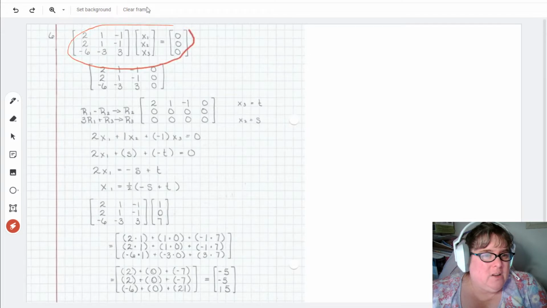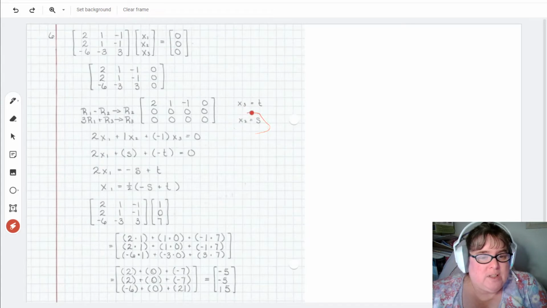So we can look at this system here. If we take row 1 minus row 2, we can see that we end up with a row of zeros. Also, if we multiply 3 times row 1 and add that to row 3, we end up with another row of zeros. These don't line up straight across, but once again we're going to set x2 to s and x3 to t, and we've put them in here.